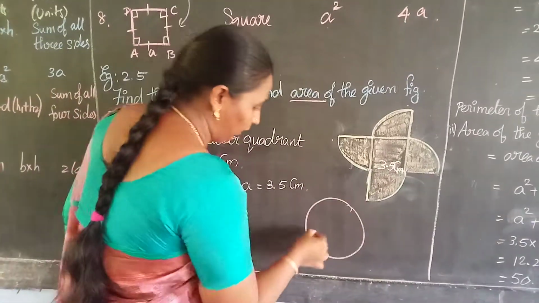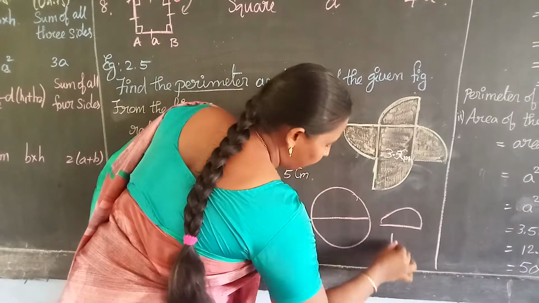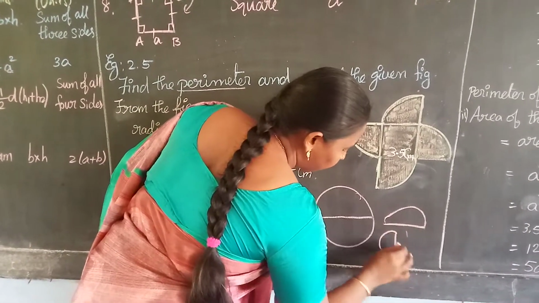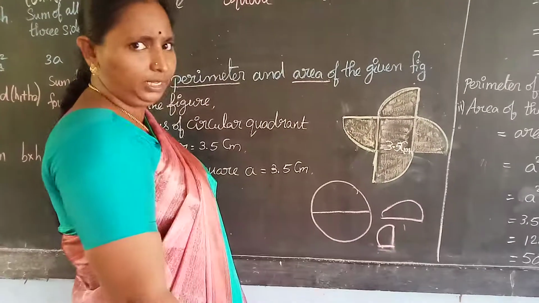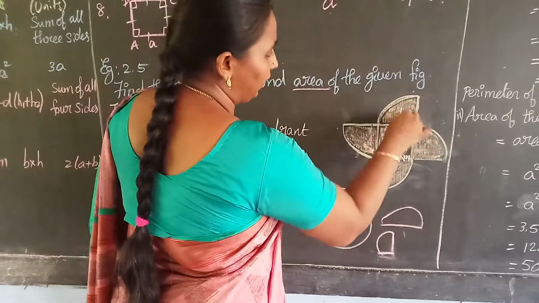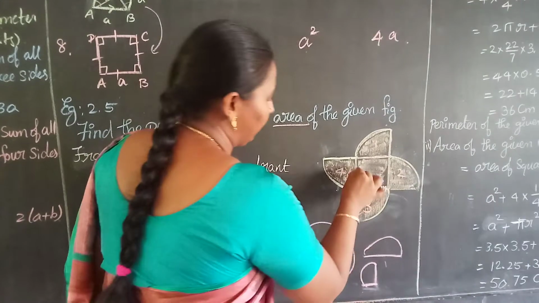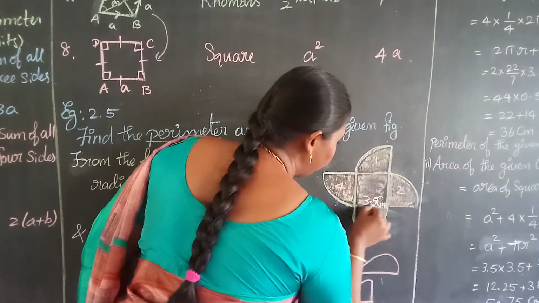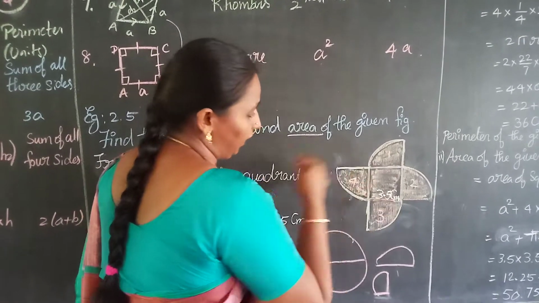This is the circle. So this one is called a semicircle. If I take half of this semicircle, that is called what? Quadrant of a circle. Here how many quadrants are there? 1, 2, 3, 4. 4 quadrants are there, and in between they have given one square shape. The side of the square is 3.5 centimeter.